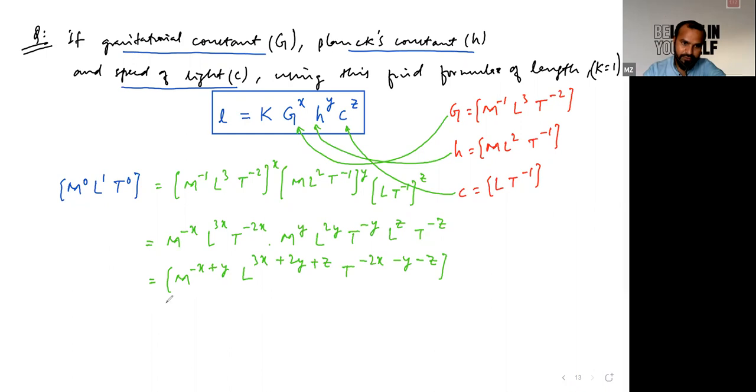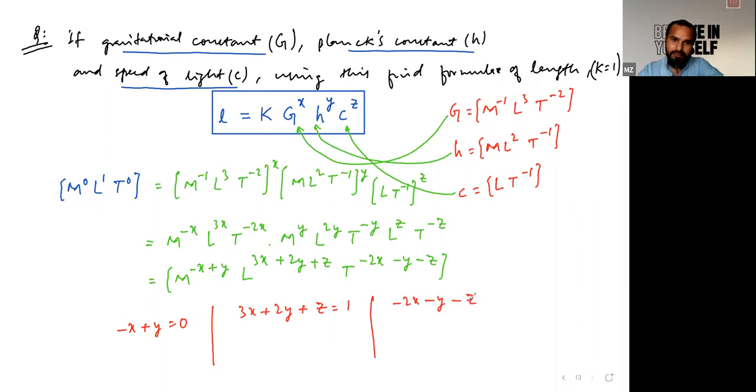First, on comparing for the exponent of M, minus x plus y would become 0. Similarly, we have 3x plus 2y plus z is equal to 1. And the last part is minus 2x, minus y, and minus z is equal to 0.